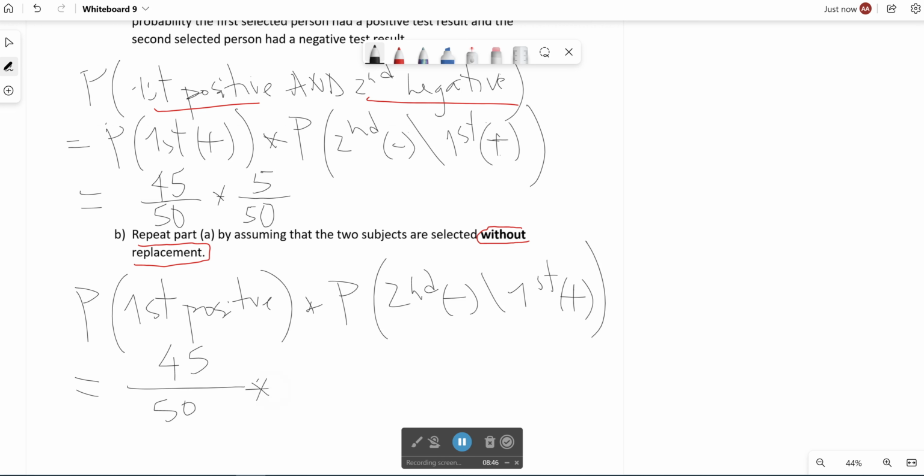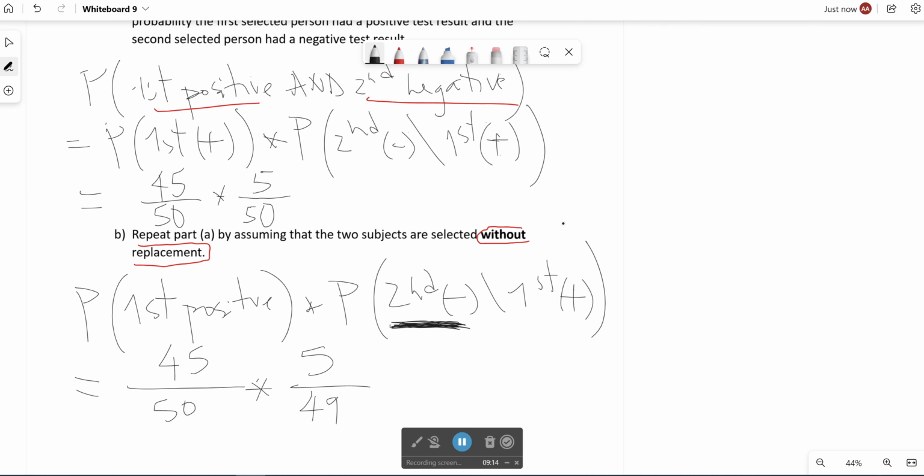And then for the second one, we're selecting among the 5 folks that tested negative, of which there were 5. And because the first selected person was not replaced into the selection pool, the denominator goes down to 49.